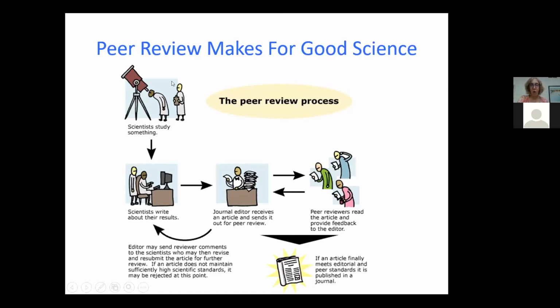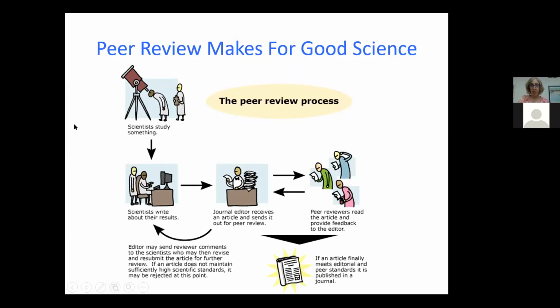So the way it works is a scientist studies something. Here they're studying stars or the moon or something. They write about their results and they send it to a journal. You pick a journal that publishes in the area that you're writing about, and there's a certain amount of judgment about which journal you think is suitable.